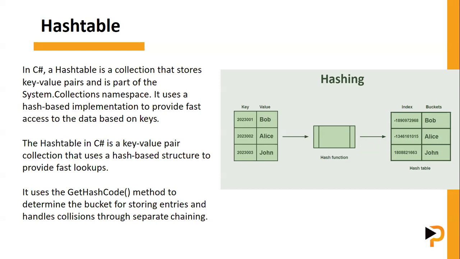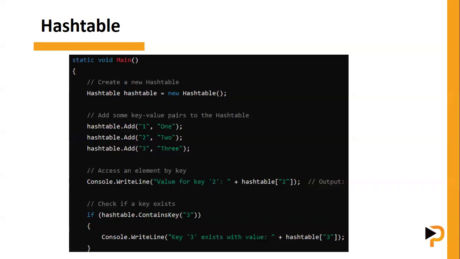Now, this is the hash table example. Again, you can use the dictionary. So add one, and all the values have been added, and when we are fetching, we check whether the key is available or not with ContainsKey. We fetch the key, and if this value is available, then the things happen.